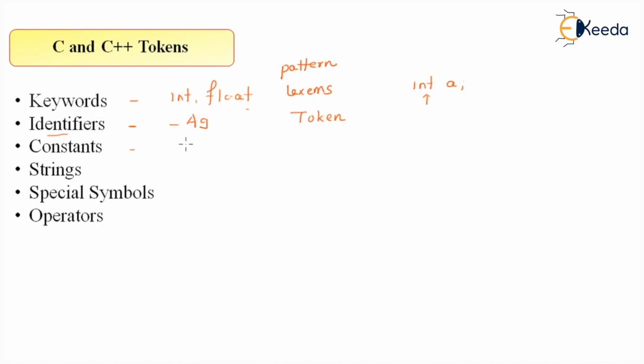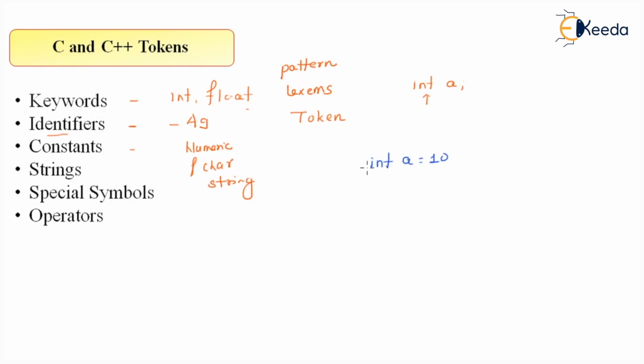Then constant. A constant can be a numeric constant, a character constant, or a string constant. Anything that is a constant will be treated as a token. Let me explain this with a small example: int a is equal to 10.